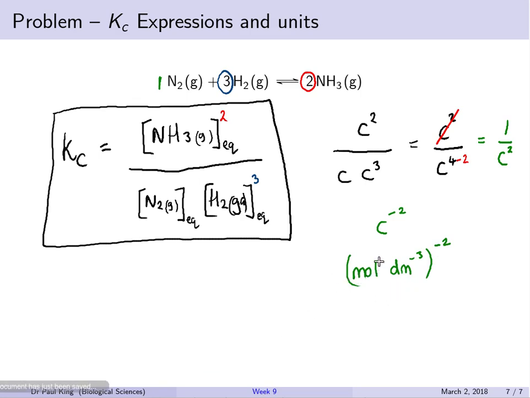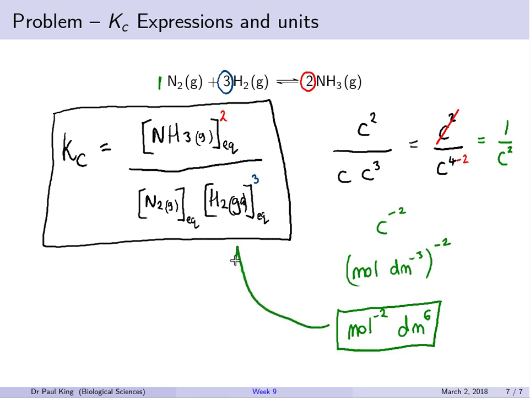We've got moles to the power 1 here. 1 times minus 2 is minus 2, so we get moles to the power of minus 2. We then have decimeters, which here is raised to the power of minus 3. Minus 3 times minus 2 is plus 6. Okay, so that will be the units associated with this equilibrium constant expression.